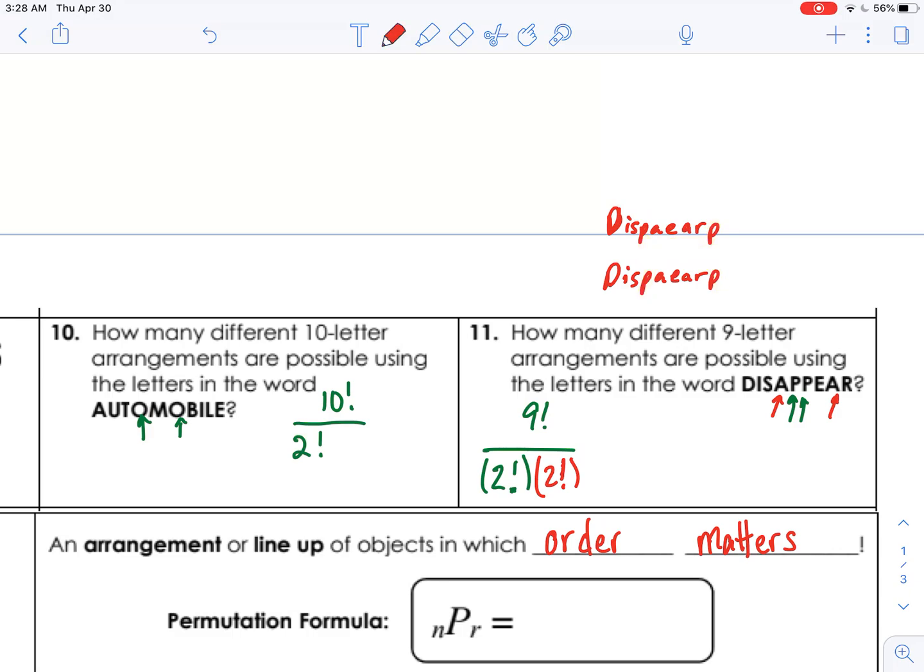So we have to divide by that 2 factorial to eliminate my extra counting. I counted too many times. On this permutation formula, that would be how many letters do you have, how many objects do you have, over the repeats. So here, 10 factorial over what did I repeat? 9 factorial over what did I repeat?